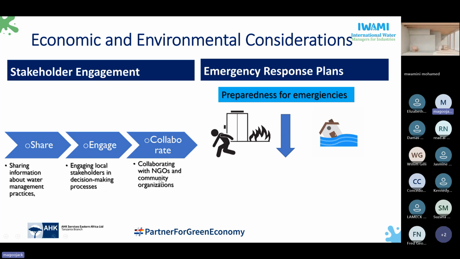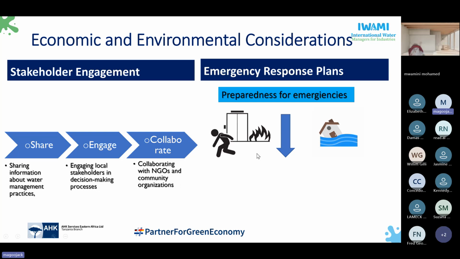Another is to collaborate. Here we can collaborate with different NGOs, maybe to attract funds, to make them aware of our activities. And if you are recycling, and there are some resources that you are recovering from such a process, then you can be in a good position maybe to sell such a resource.